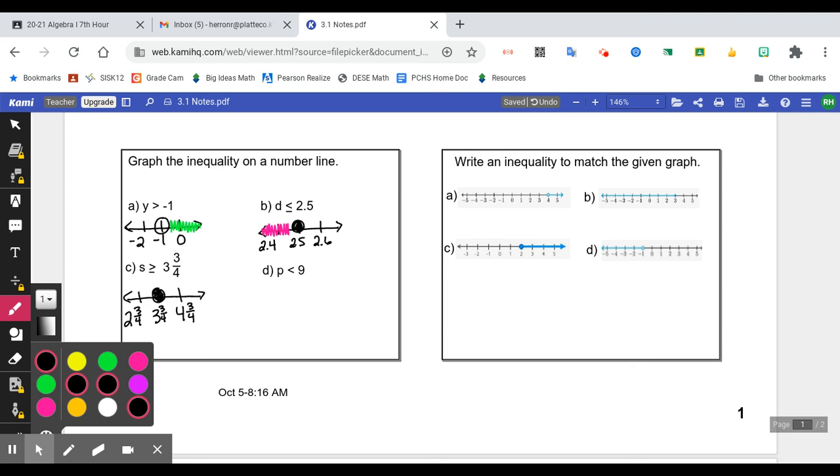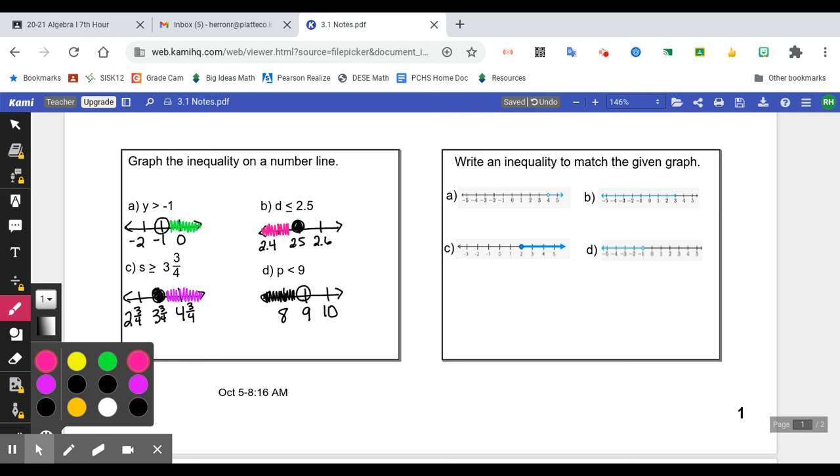And then it's greater than because the bigger numbers come first, so I would need to shade to the right because that is greater than. Okay. p is less than 9. So I have 8, 9, and 10. Open circle on 9 because it's just less than. And I would go to the left for less than.